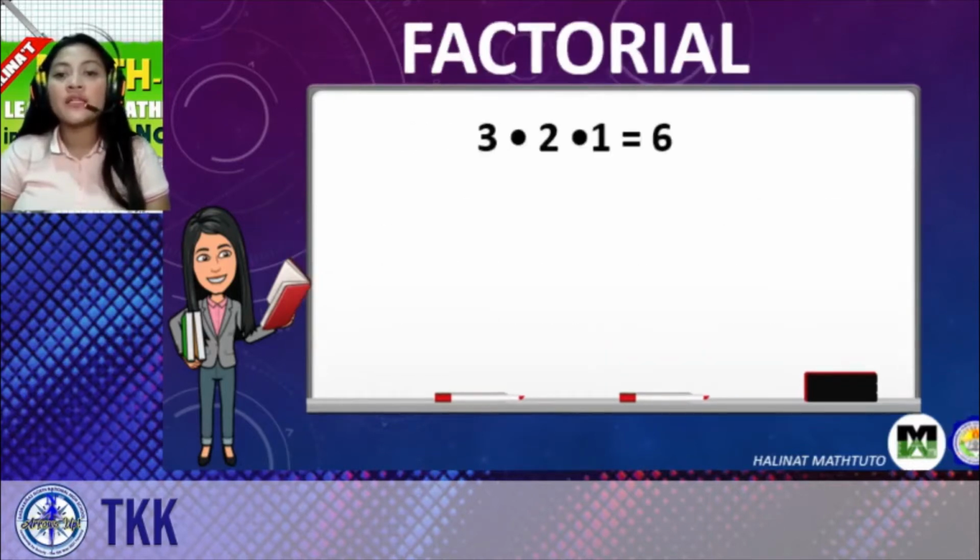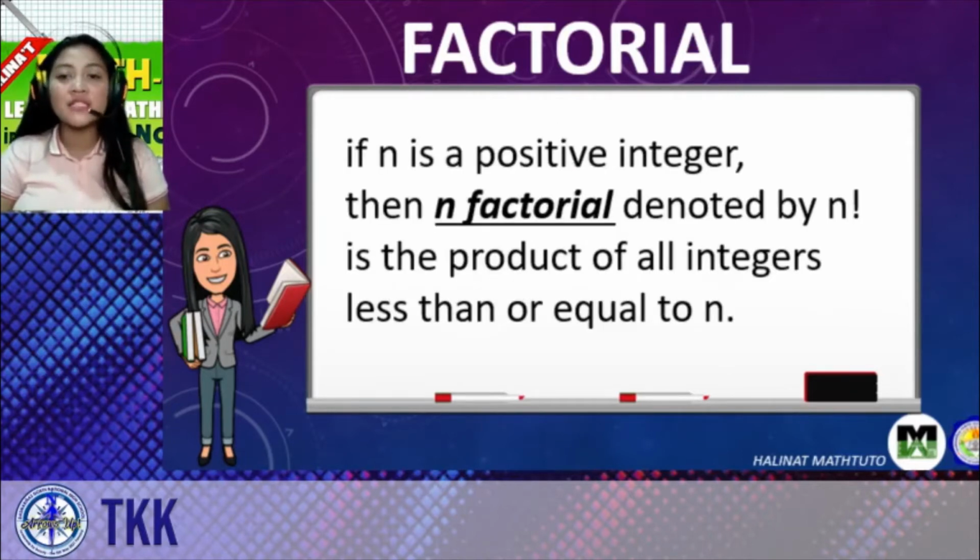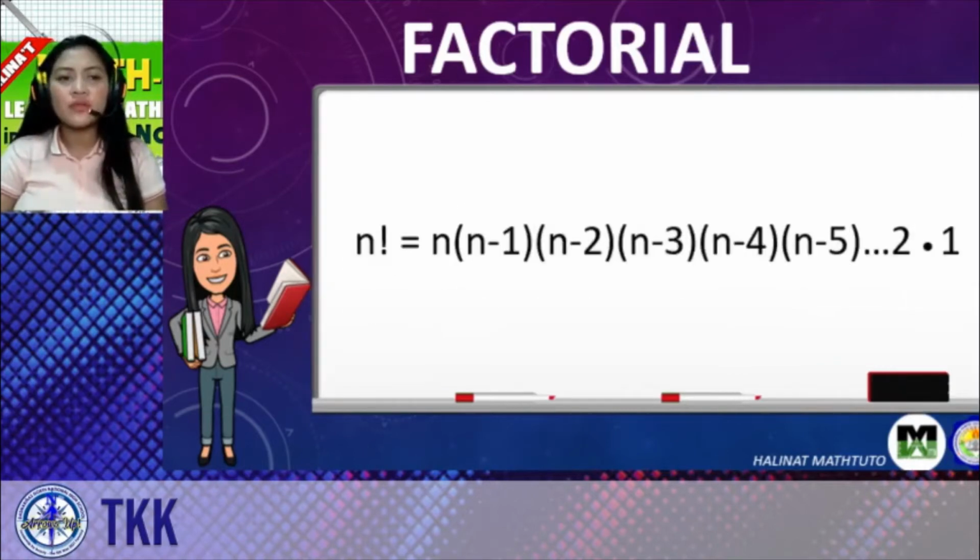Now, 3 times 2 times 1 is equal to 6 can be written as 3! is equal to 6, or 3! is read as 3 factorial. And what is factorial? If n is a positive integer, then n factorial, denoted by n!, is the product of all integers less than or equal to n.